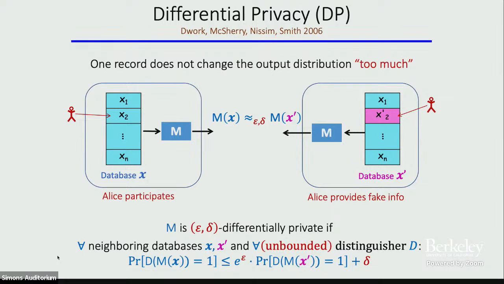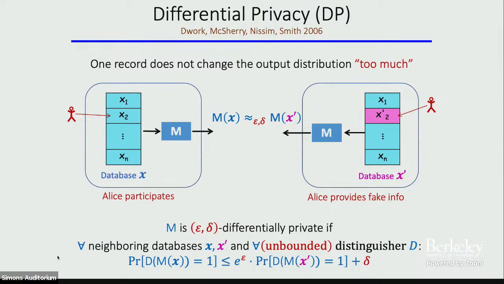Meaning that for every distinguisher D, maybe unbounded, the probability that D outputs one on the output of the mechanism on X is bounded by e to the epsilon times the probability that D outputs one on the output of the mechanism on X prime, plus delta.